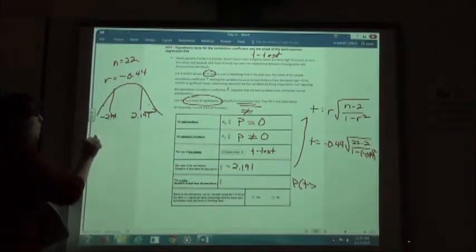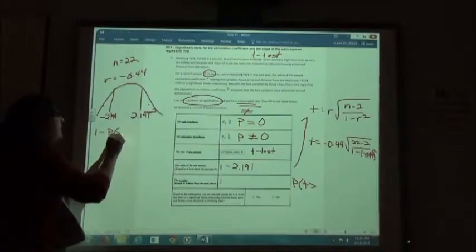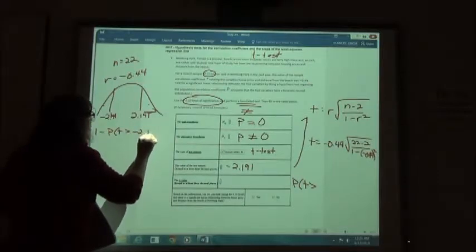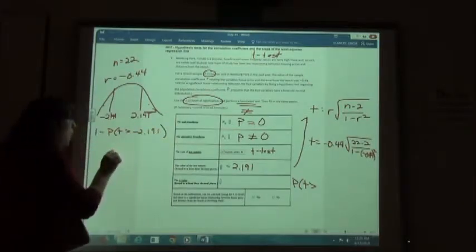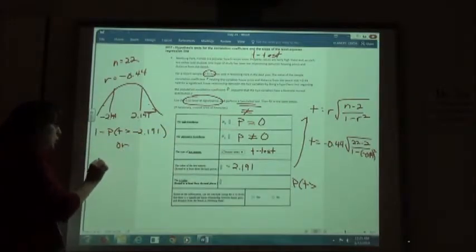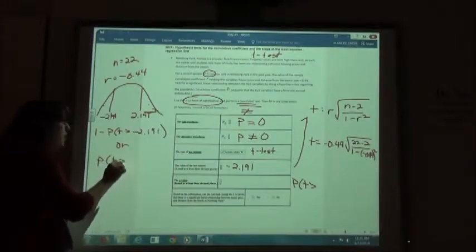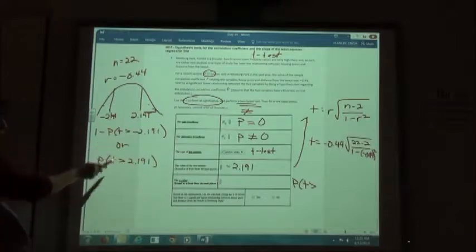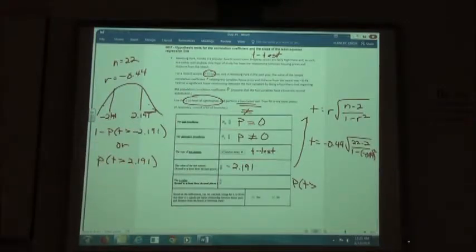Either you could do 1 minus P of t is greater than negative 2.191, or just do P of t is greater than the positive 2.191. Those 2 calculations, if you try them out, should give you the exact same number.